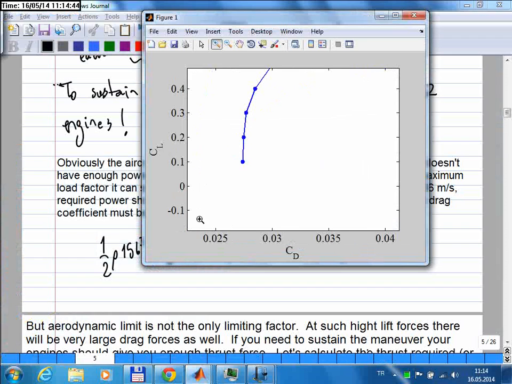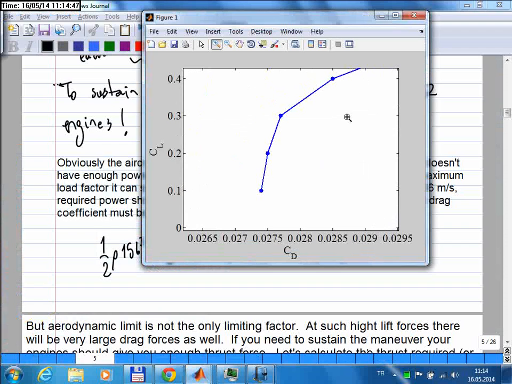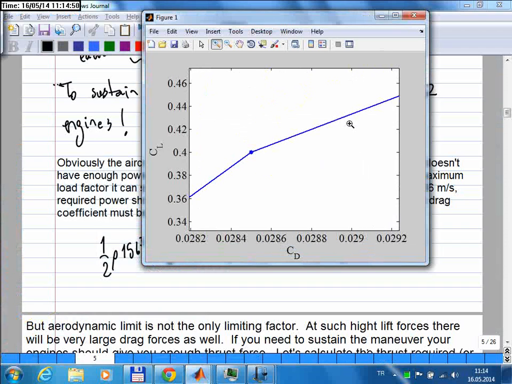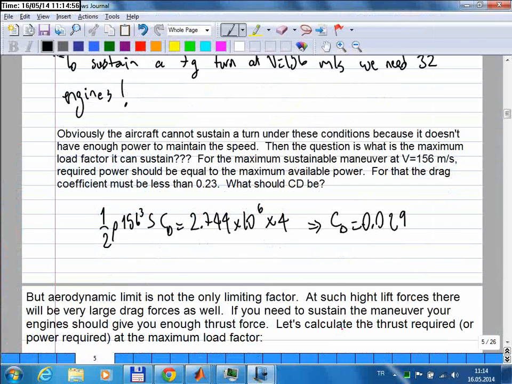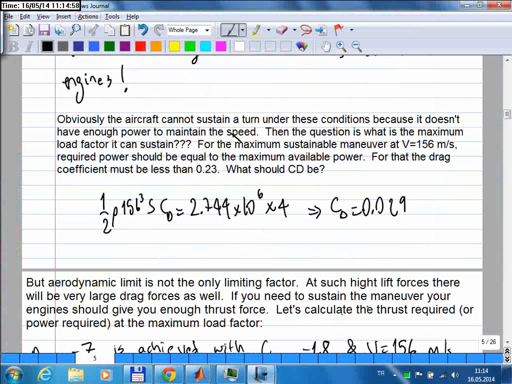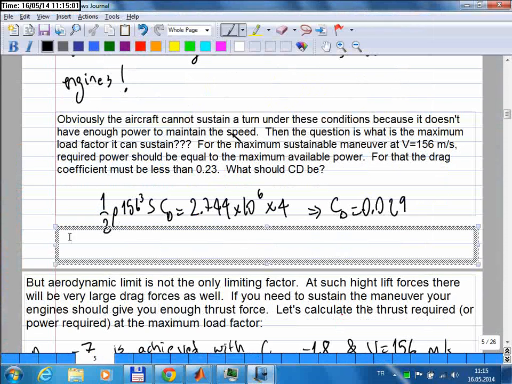So let's find out. You should be flying somewhere here, right? The CL must be something like 0.42. From the drag polar, the CL value corresponding to CD equal to 0.029 is approximately 0.42.